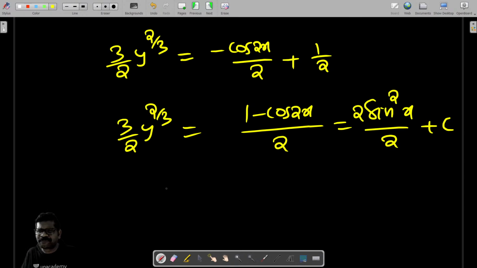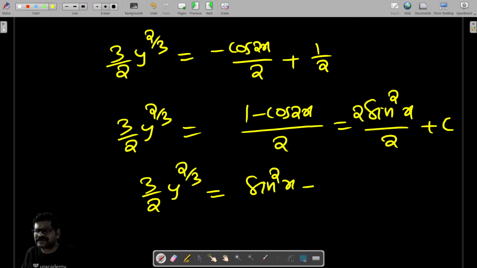So 3 by 2 into y power 2 by 3 equal to sine square x. From this you can write, already we have applied the boundary condition, therefore you need not write c. After applying the boundary condition only we got 1 by 2, right?